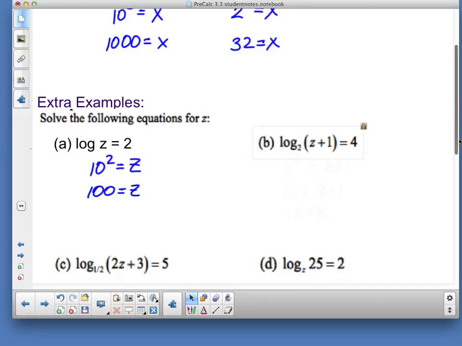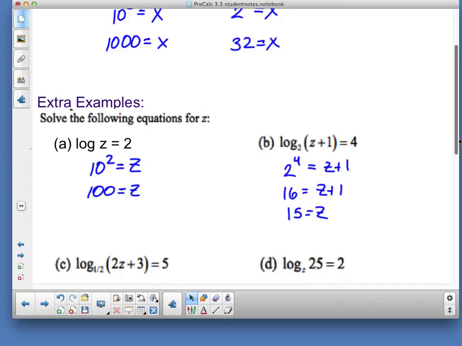2 to the 4th power equals z plus 1. 2 to the 4th is 16. Subtracting 1, I find z is 15. Are you okay with the method we're using?